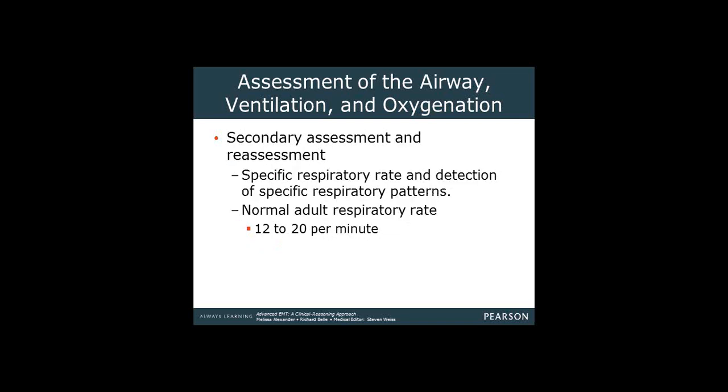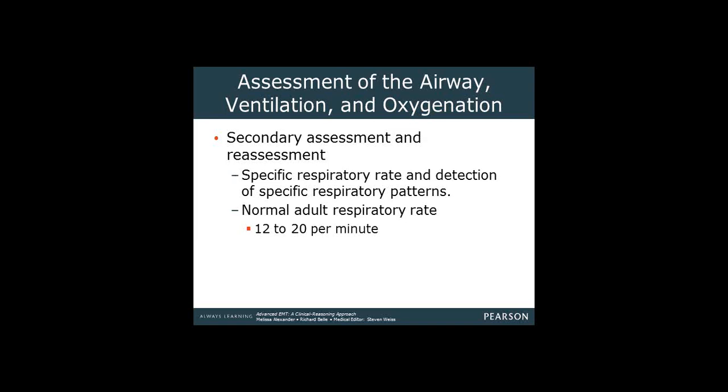So as we move on then to the secondary assessment, we're looking now for a specific respiratory rate and detecting any specific respiratory patterns. So initially when we do our primary assessment, or what we formerly call the initial assessment, we're just looking, is it there and does it appear to be adequate?